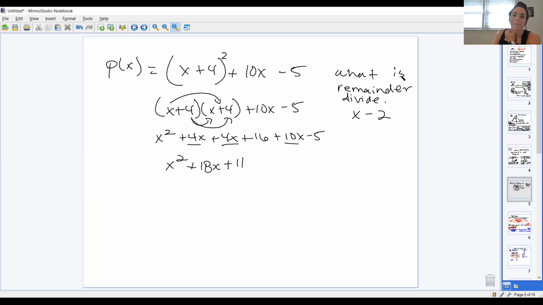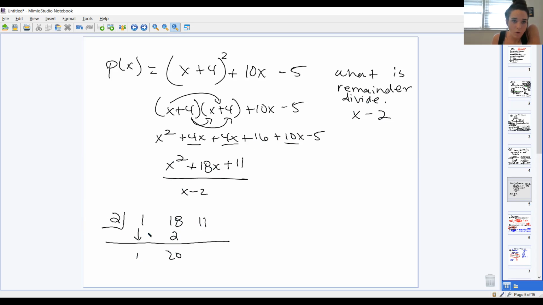So now I'm going to actually divide by x minus 2. So I'm taking this and dividing by x minus 2. So I'm going to change the sign. I'm going to list out my coefficients. I bring down the first one, multiply, add, multiply, add. And I'm going to take one less of this exponent, so that'll be just x plus 20 plus 51 divided by x minus 2.